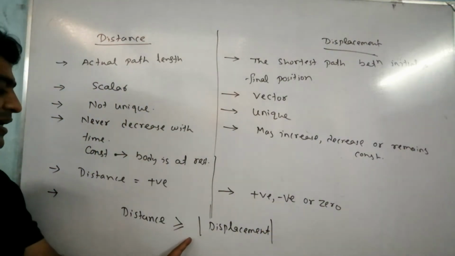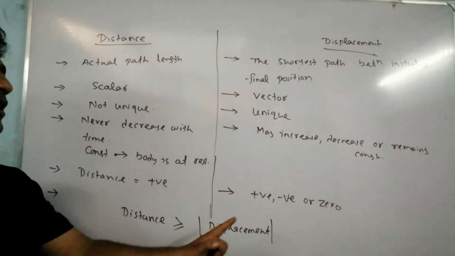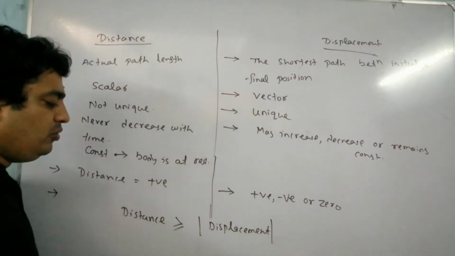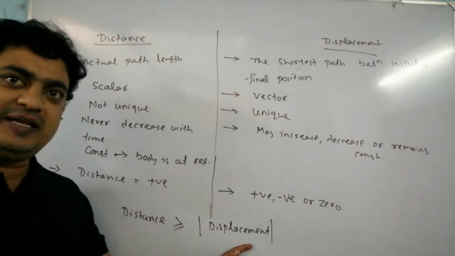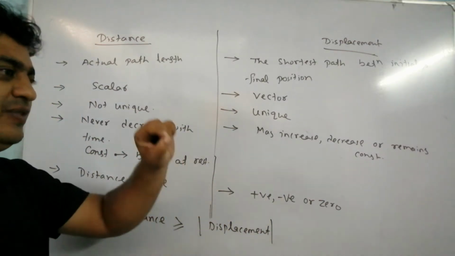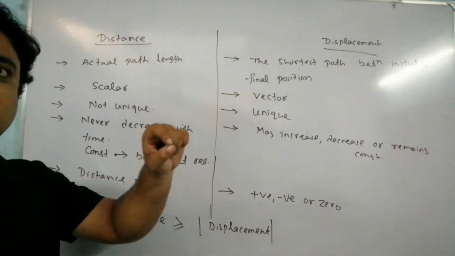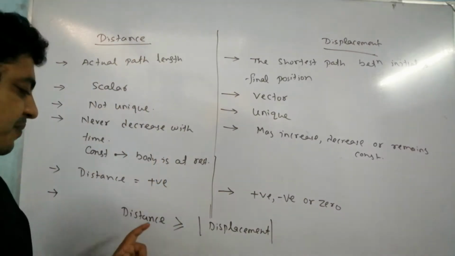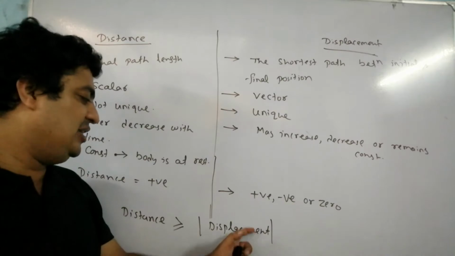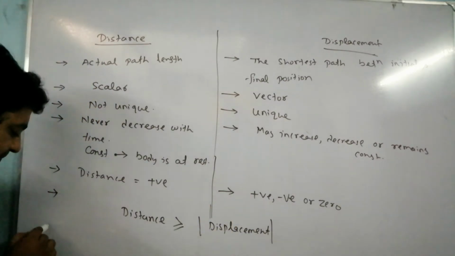The equality holds good if the body moves in a straight line. So distance equals the magnitude of displacement when the body moves along a straight line. If the body doesn't move in a straight line, that means it moves in a curved path, then distance is greater than the magnitude of displacement.